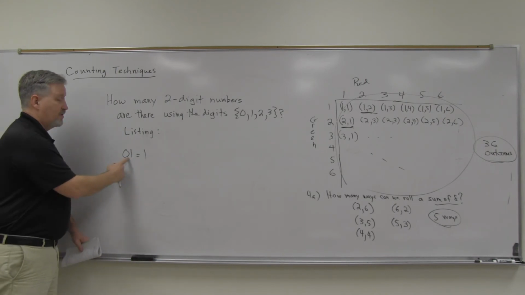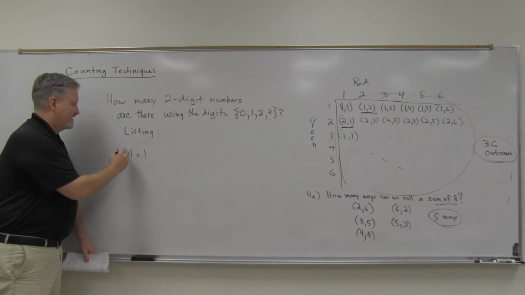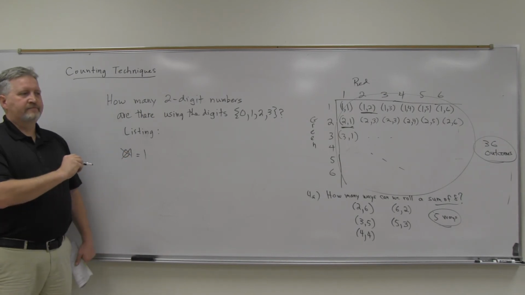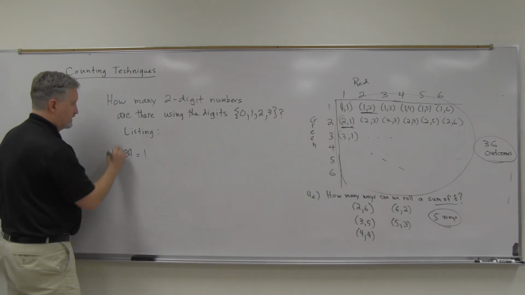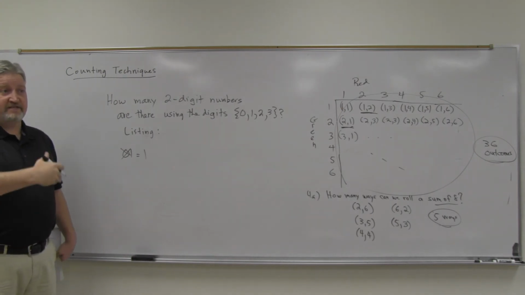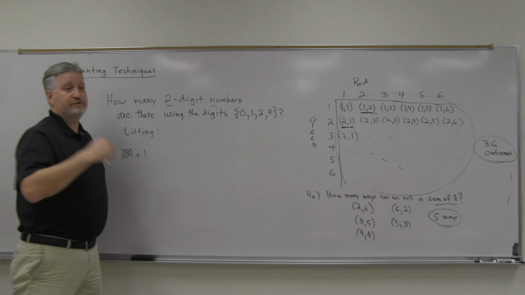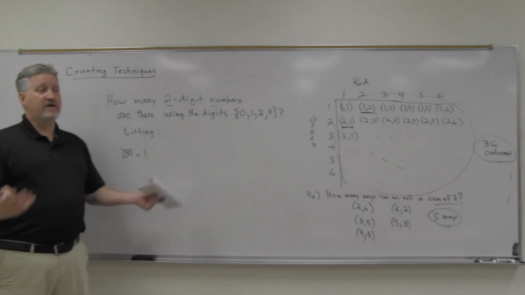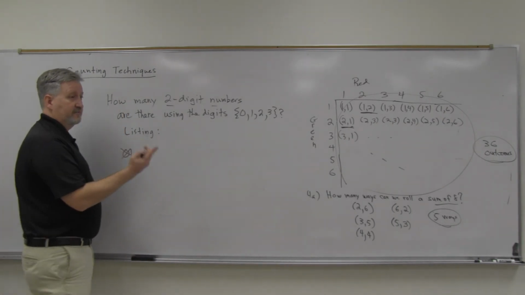We usually don't write that, right? So to be a 2-digit number, we need to start with something other than 0. So the first digit can't be 0. The first digit can be 0 in some instances, just not when we're wanting 2-digit numbers or 3-digit numbers or however many digits we want. So the first one, if we go in order, is going to be 10, right?